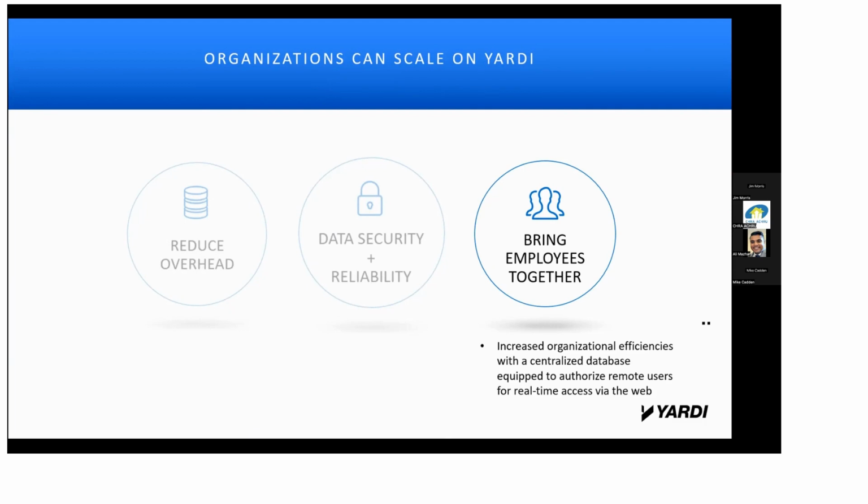And by doing so, our cloud environment allows us to help increase organizational efficiencies. We deploy centralized databases. We use real-time web access for authorized remote users. And we ensure that key Active Directory controls for your users are built into our software.